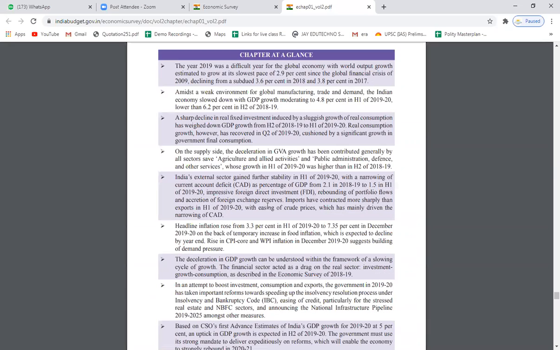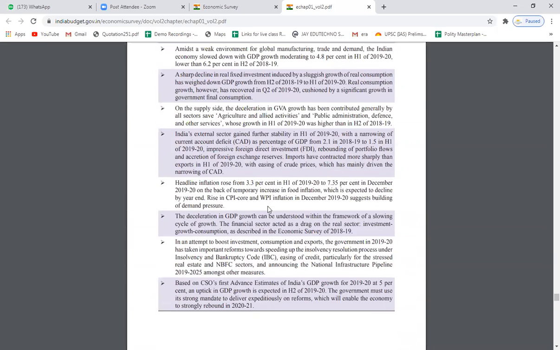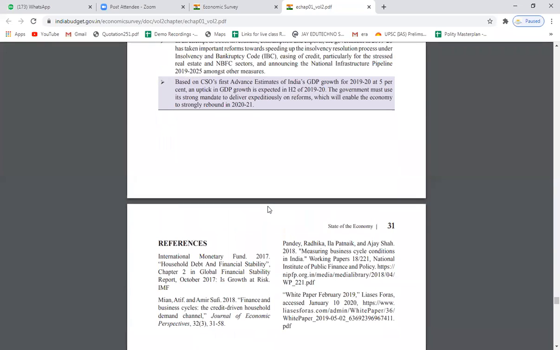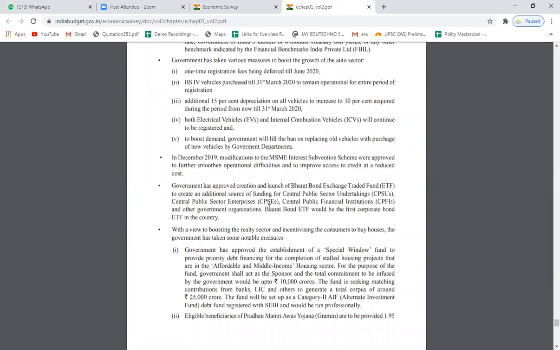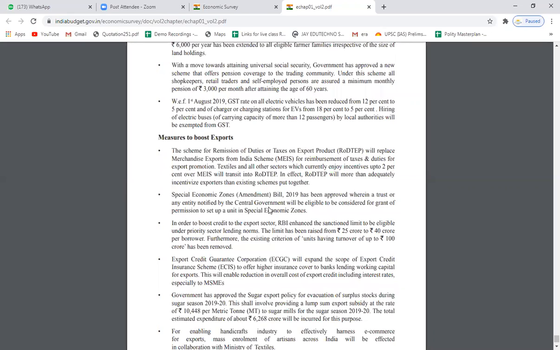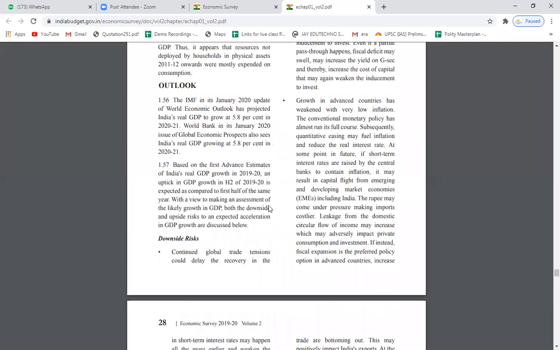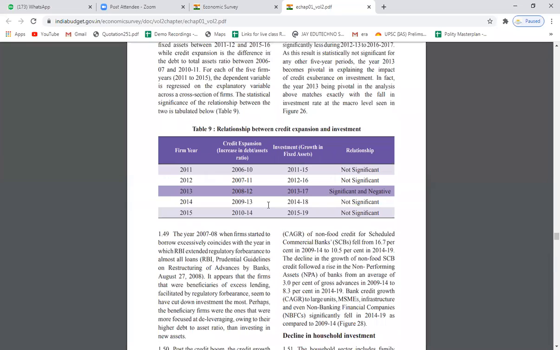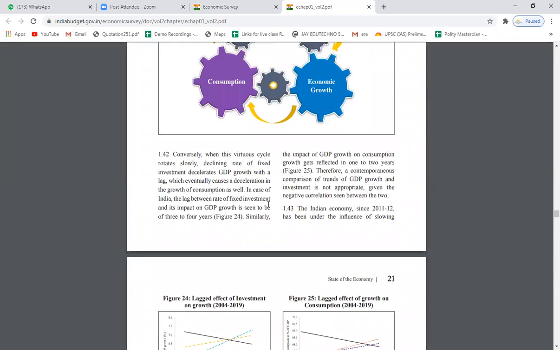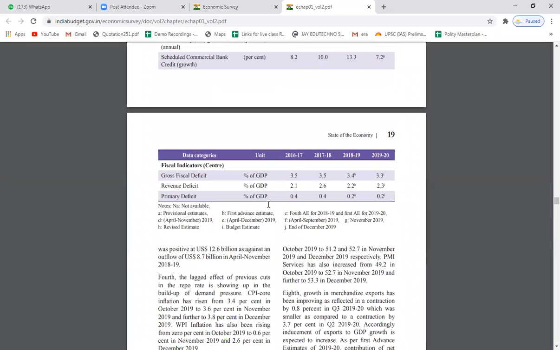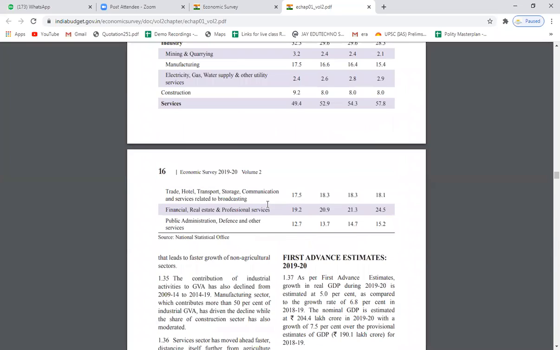Private consumption means common man's consumption, right? There are two things: government consumption and private consumption. एक तो government spend करता है, government spend करने के बाद ultimately money will go into the hands of the people, and private consumption is the consumption of the common man, normal people. Private consumption may also include private companies' consumption.